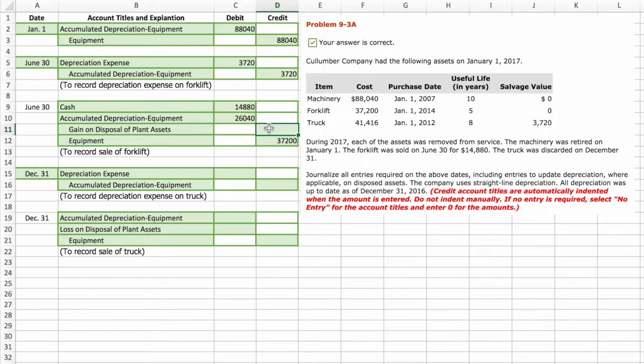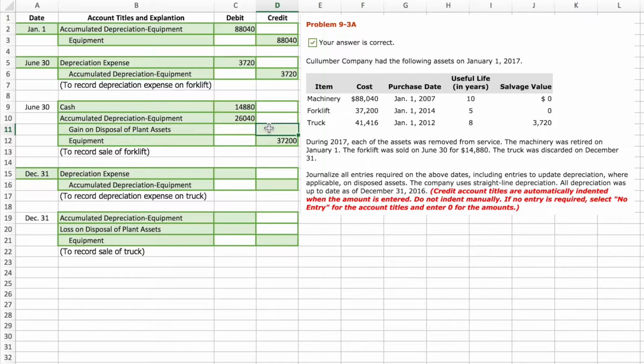Now to find out what the gain on disposal of plant assets is, and you'll see why it is a gain in just a moment, we need to find out what the book value is on the forklift. So a book value is basically how much we bought the forklift for. In this case, that was the $37,200, minus the depreciation value for how long we used it, which we calculated just now as $26,040.